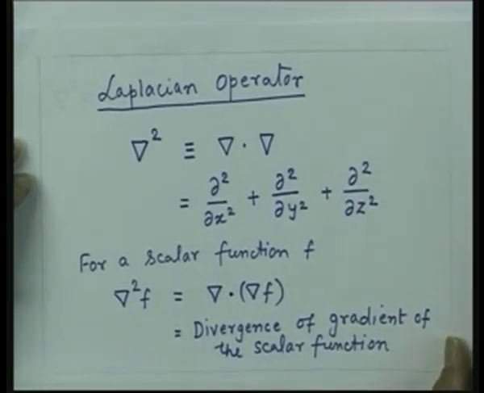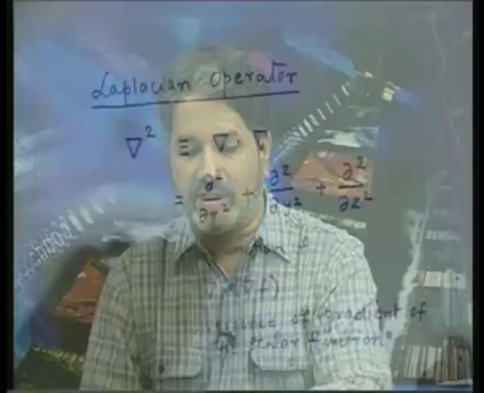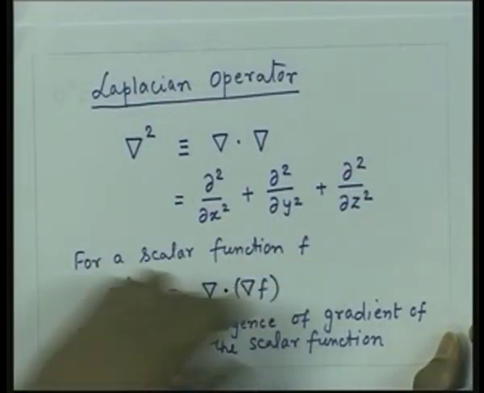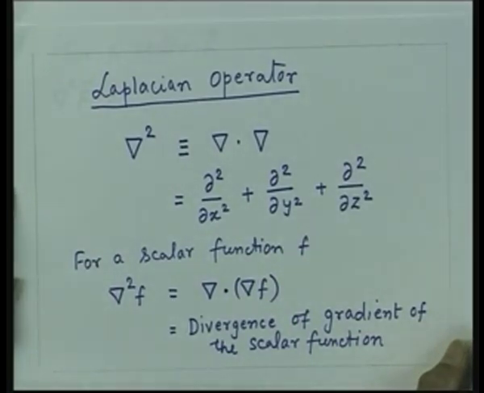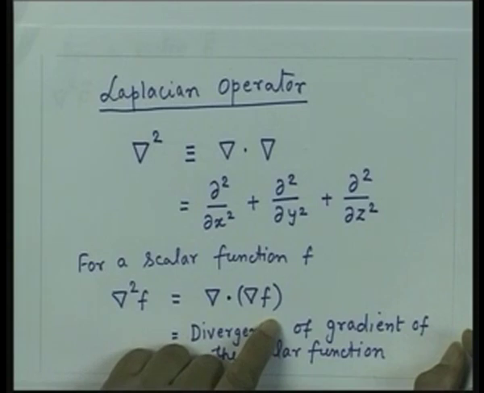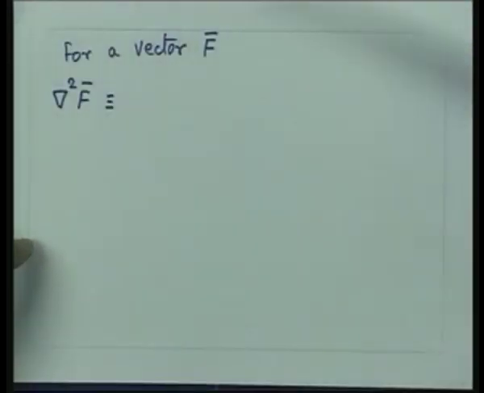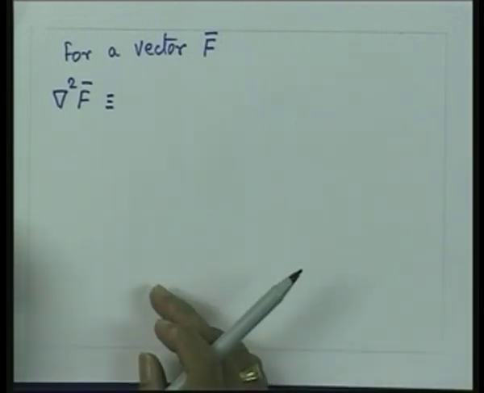So, although the del square operator is a scalar operator, when it operates on a vector, you get a quantity which is a vector quantity. When del square operates on a scalar quantity, you get a scalar function. When you operate this on a vector quantity, you get a vector quantity.